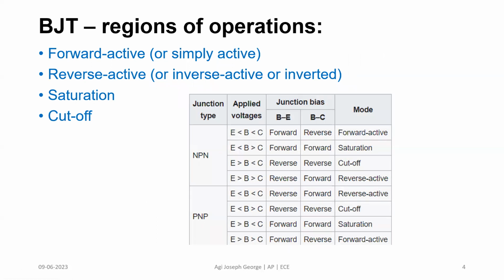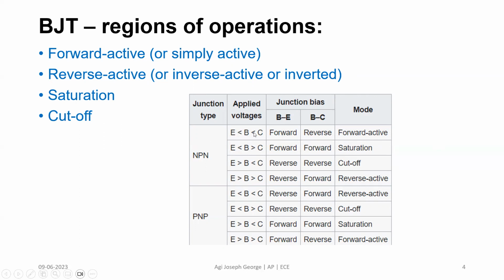These are the four regions in which you can operate. First is the forward active or main active region. Second is the reverse active, just the opposite of the main active region, also known as inverse active or inverted. Third is the saturation region, and fourth is the cutoff region. In the first case, NPN, you have emitter, base, and collector.